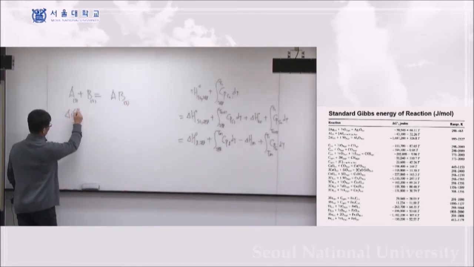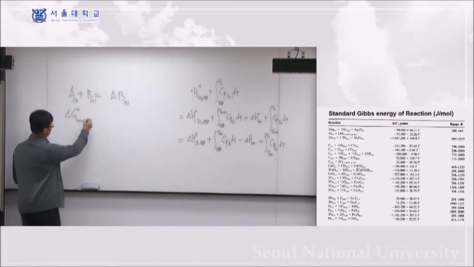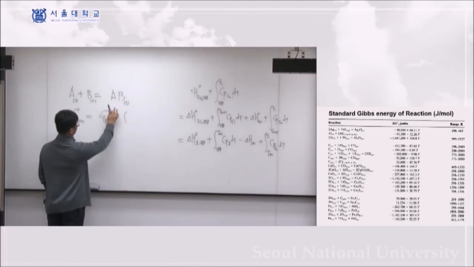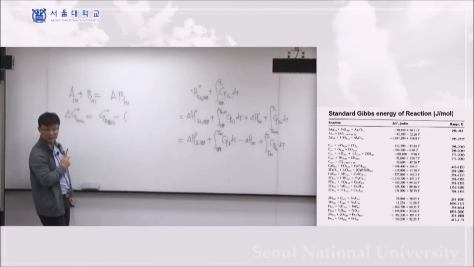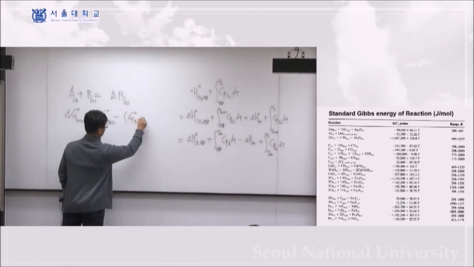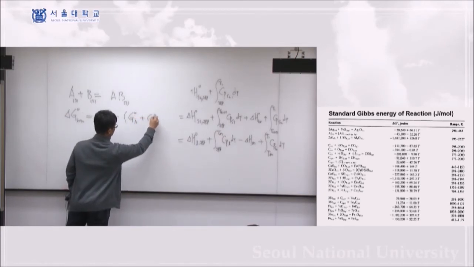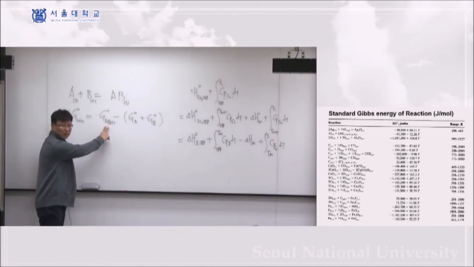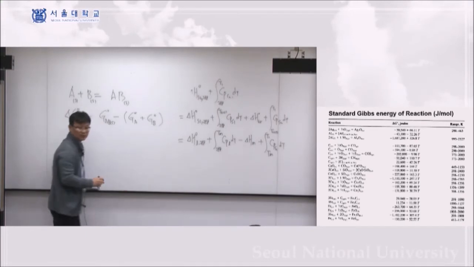Delta G of reaction, because it's a chemical reaction, equals the Gibbs energy of AB solid phase, pure, minus, so product minus reactant, the Gibbs energy of A plus the Gibbs energy of B. And we know that G is H minus TS.